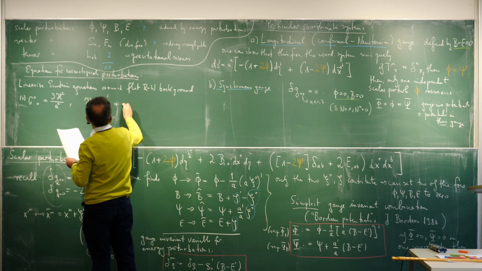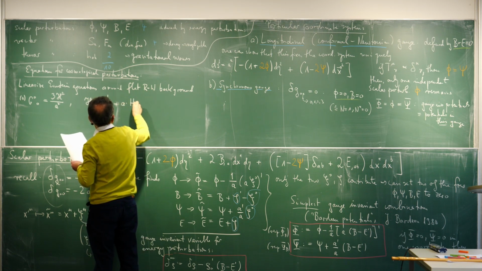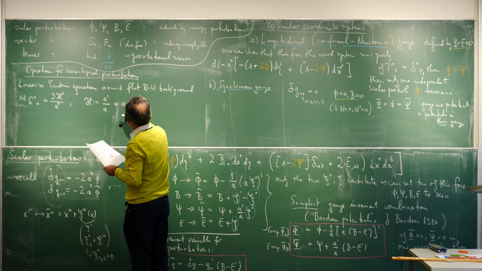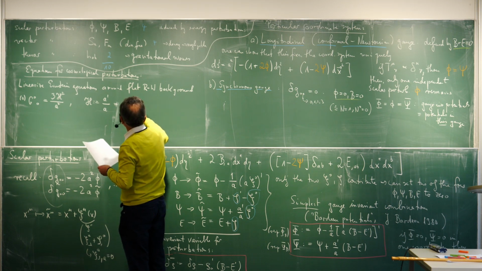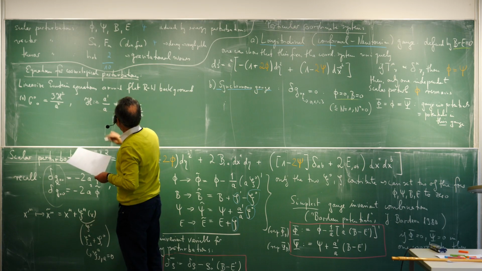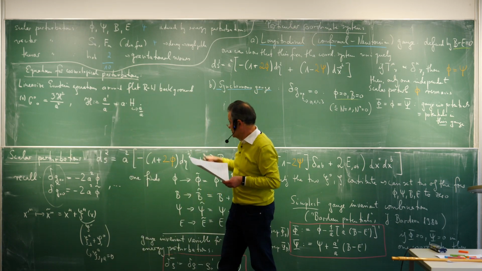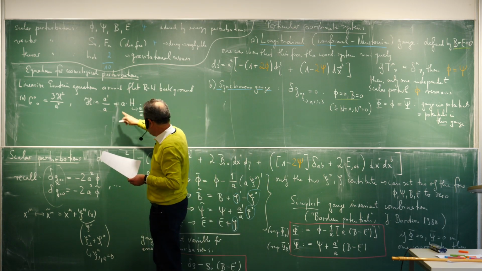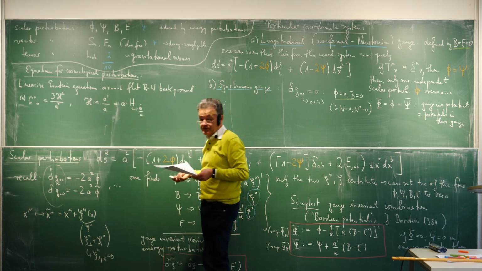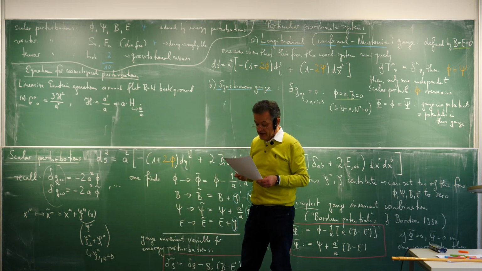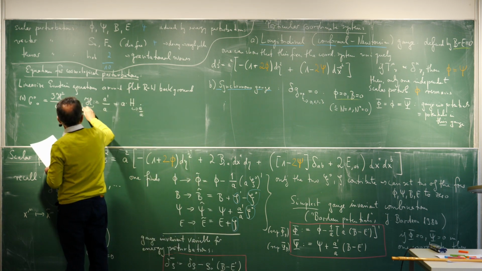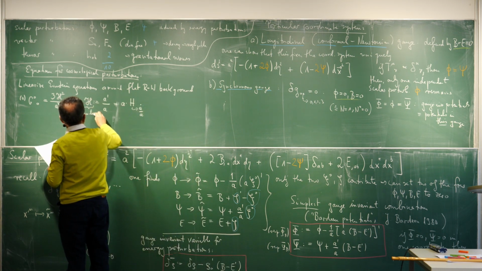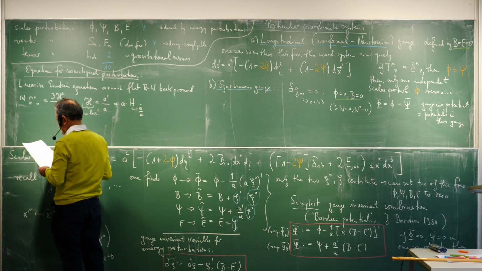You can see that this is the same as a times H, where H is our standard Hubble parameter, a dot over a. Now you just have to replace d over dt by d over d eta, which introduces by definition the factor a. And I emphasize, this is dimensionless, which is convenient to work with.